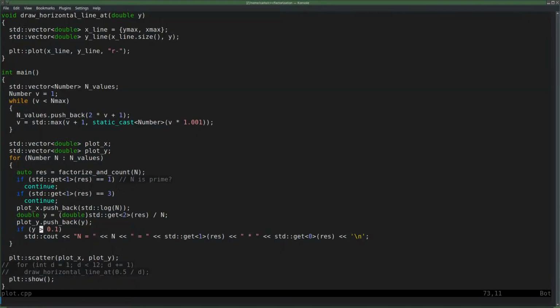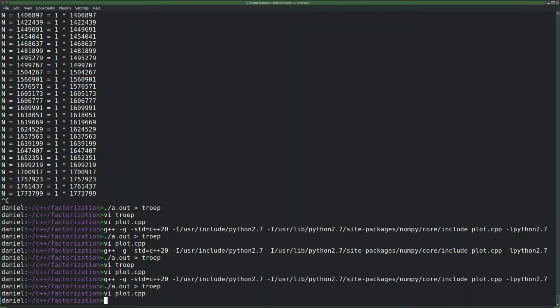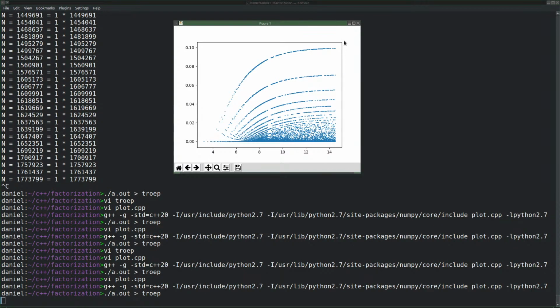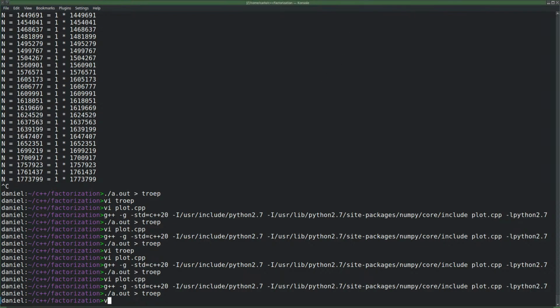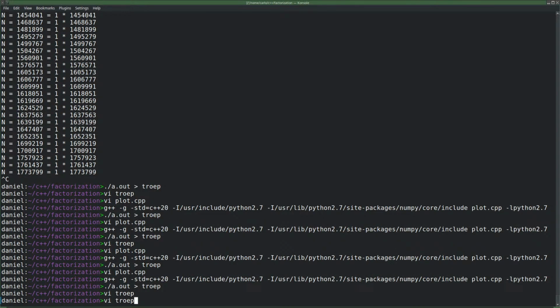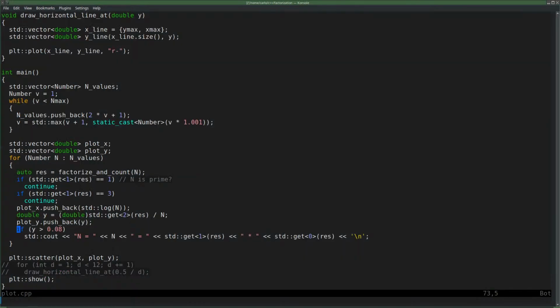Larger than. Yeah, that's clearly 5. I want to keep the 1 separate.